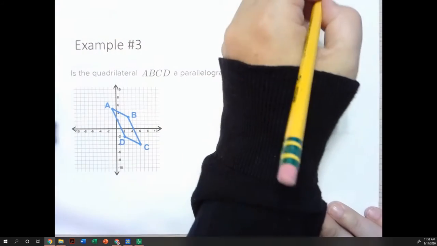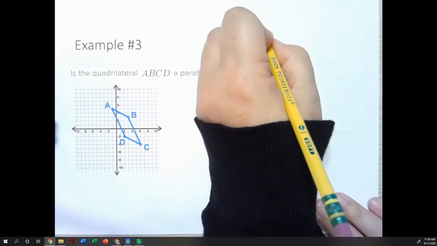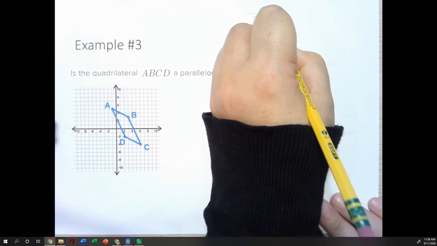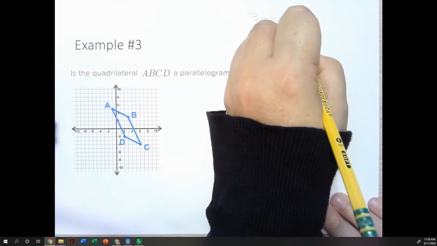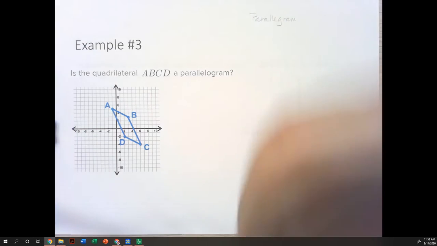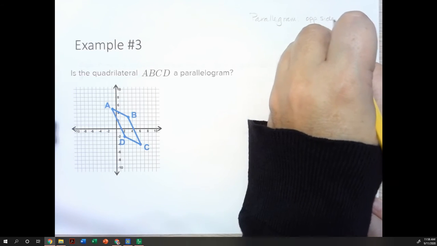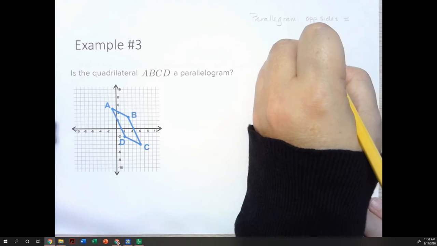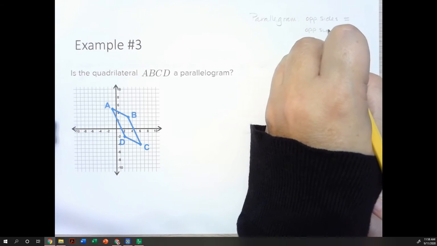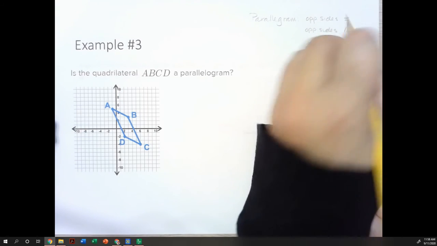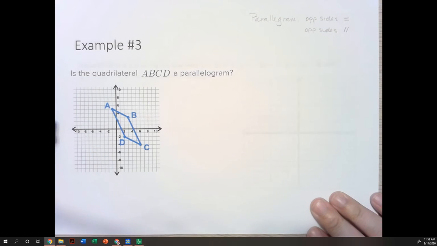If it's a parallelogram, I know the opposite sides should be the same, and I know opposite sides should be parallel. So that means I need to do distance and I need to do slope.